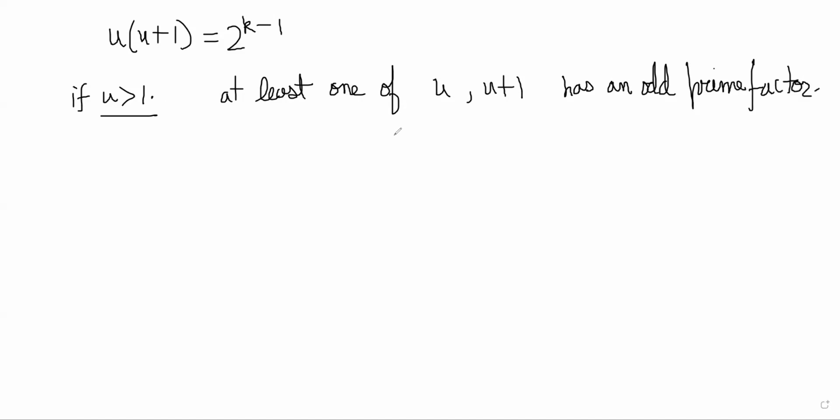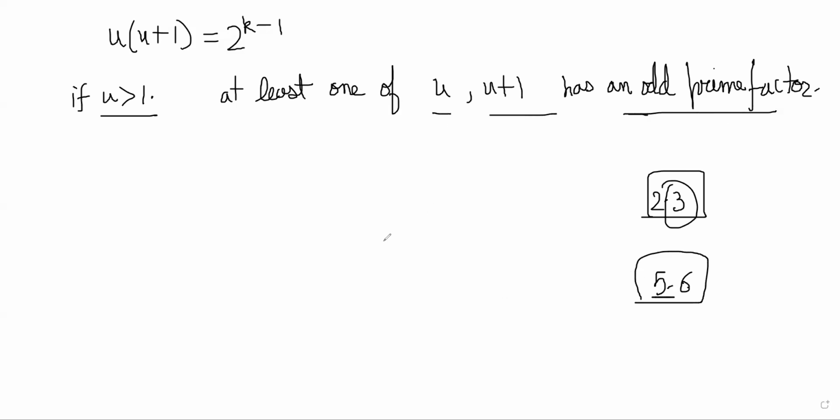If u is greater than 1, u can be 2 or u can be 3. So if you take u is 2, 2 into 3, you can see that 3 has an odd prime factor, which is 3. If you take any higher number for u, maybe 5, 5 and 6, clearly 5 is an odd prime factor. So at least one of u and u plus 1 has an odd prime factor.